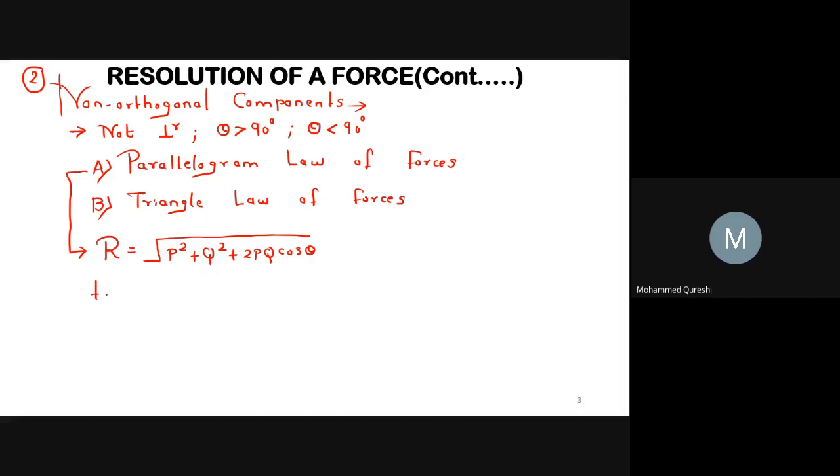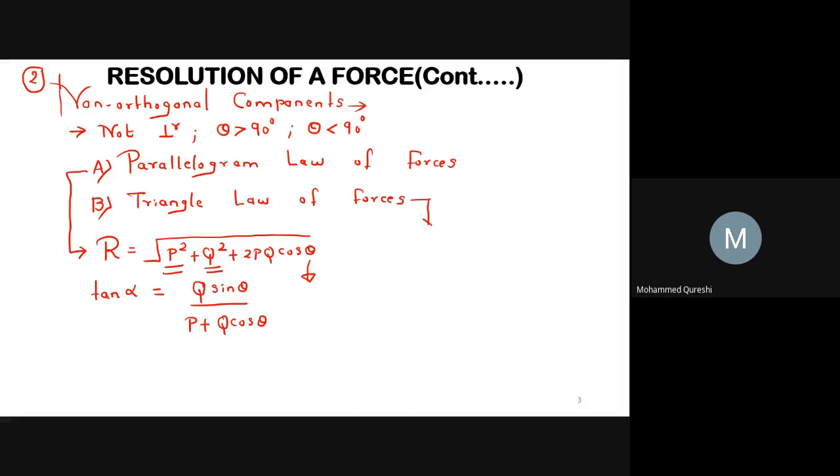And we can find the direction by using the equation tan alpha equals Q sine theta upon P plus Q cos theta. Here, what is theta? Theta is nothing but the angle between P force and Q force.